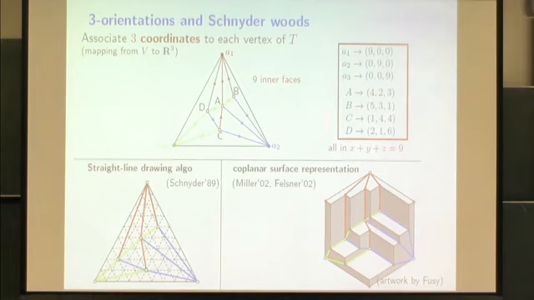I should stress here that when I started, I only had a combinatorial structure, right? I just had a structure describing for each triangle which are the neighboring triangles, or maybe just the graph structure, and these Schnyder coordinates give me a way to actually produce a picture in the plane, to give a geometry to the graph.